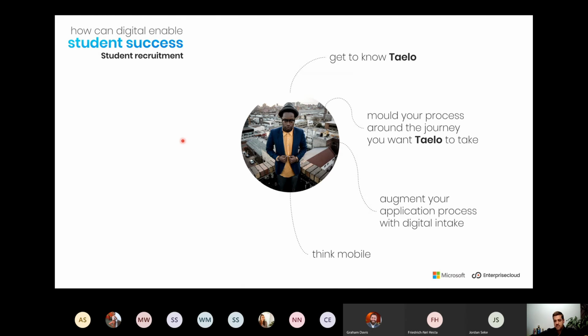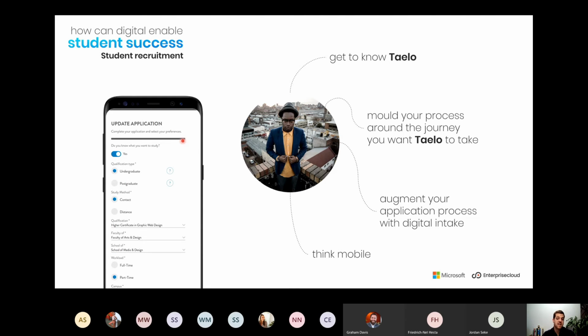The next piece is that, as I said to you before, if we look at the responses and at the South African context, start thinking mobile. Start thinking, okay, I want to fill in an application form digitally on a mobile device. How am I going to do that? Well, that's great, because we can take that exact same application portal that we built, and it's responsive out of the box.